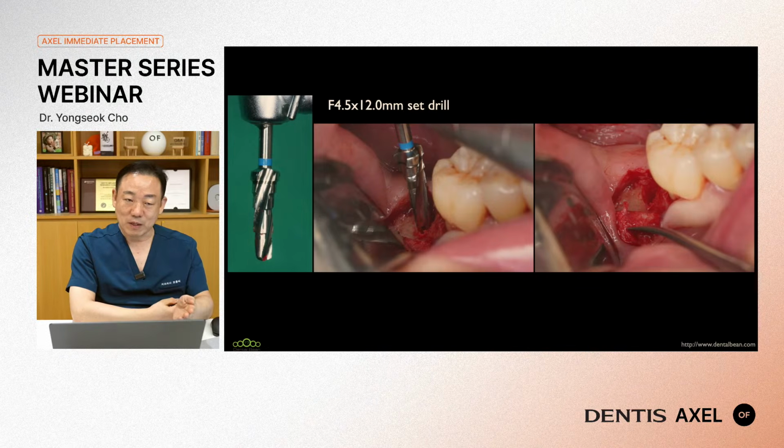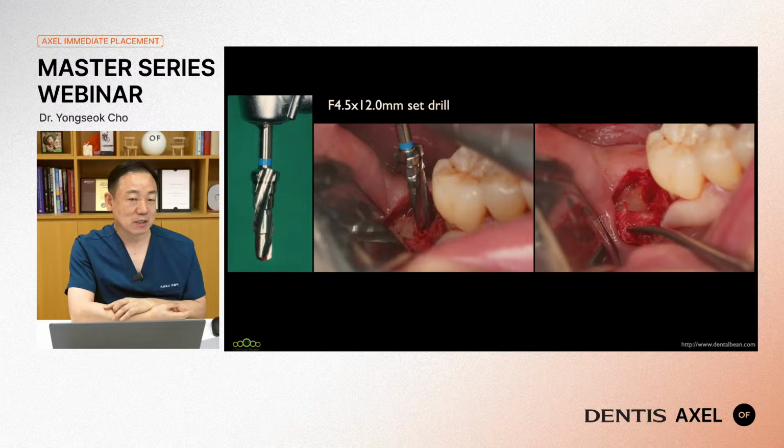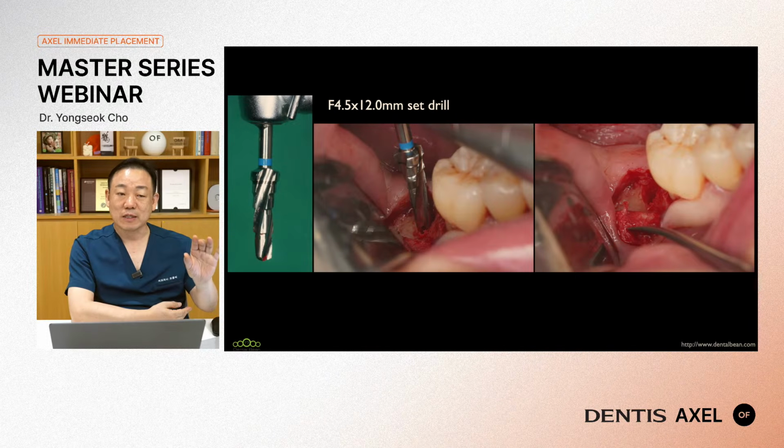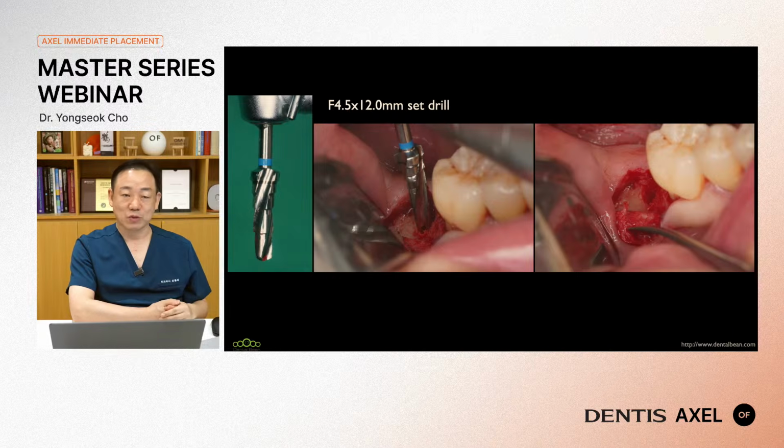When you just prep osteotomy with 8 mm stopper drill, you cannot place 7.5 implant because buccal bone is lowly positioned, the implant is readily exposed. Then you have to do GBR to cover the exposed thread. That makes surgery very complex. To make it simple, better to use long drill like this.